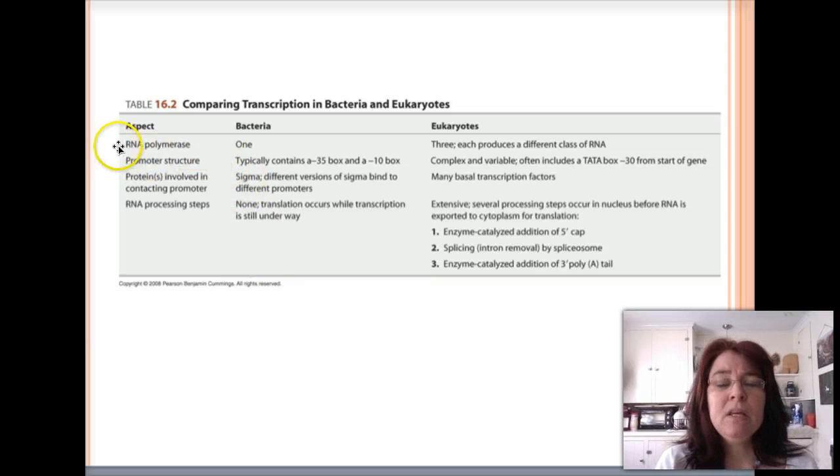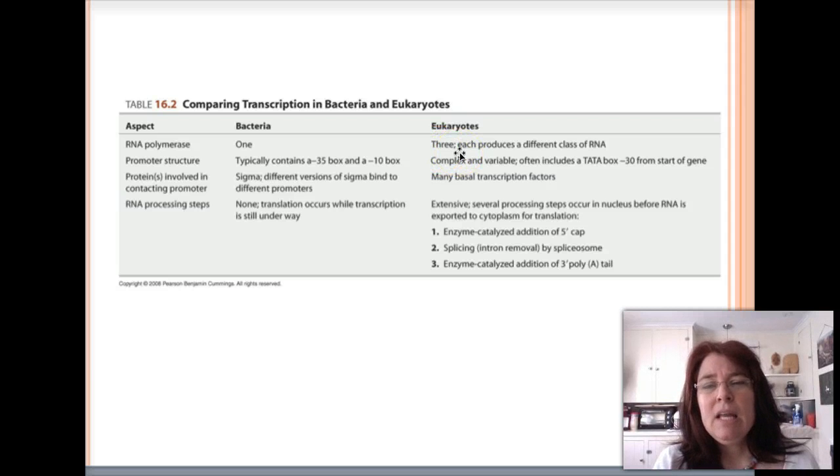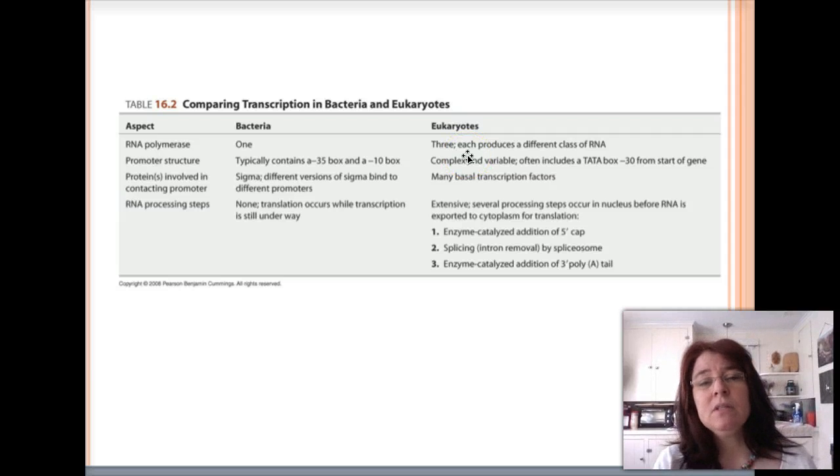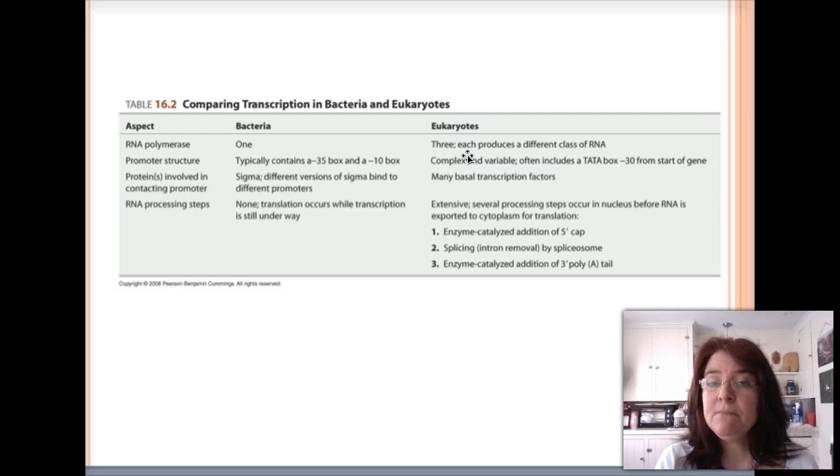For example, in terms of the RNA polymerase enzyme, in bacteria there's only one, and it's called RNA polymerase. But in eukaryotes there are 3. And each of these 3 different kinds of RNA polymerase helps produce 3 different kinds of RNA. mRNA is produced by RNA polymerase 2. tRNA is produced by RNA polymerase 3.